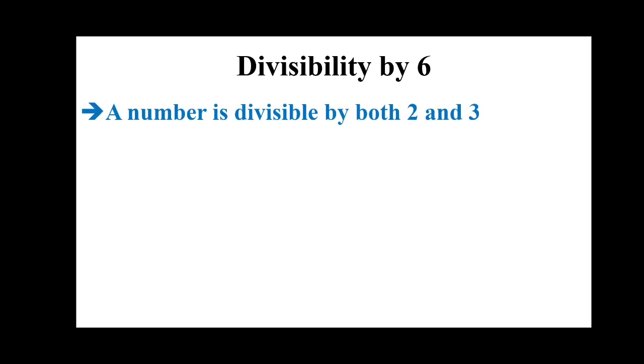Next, divisibility by 6. If a number is divisible by both 2 and 3, that number is divisible by 6. Let us see the examples. 426. Now we have to check this number is divisible by 2 and divisible by 3.